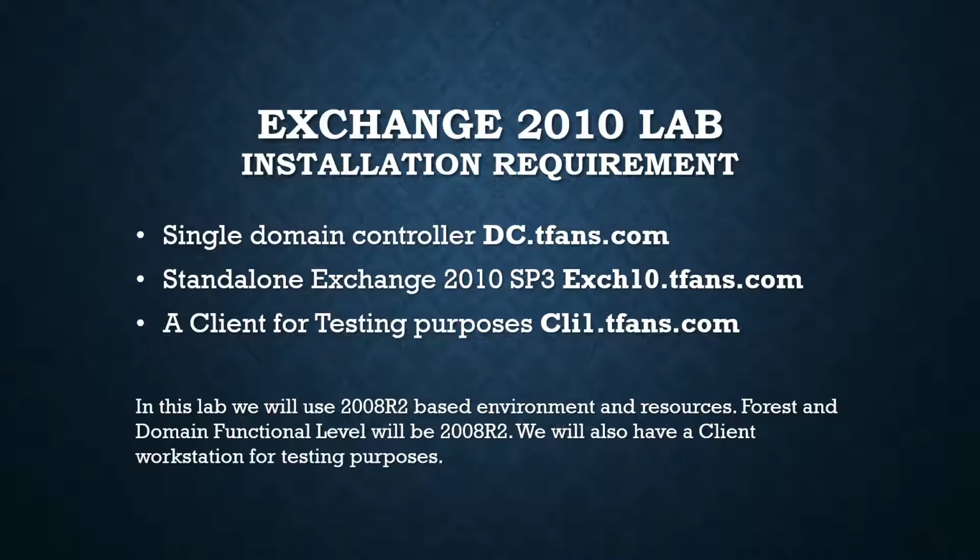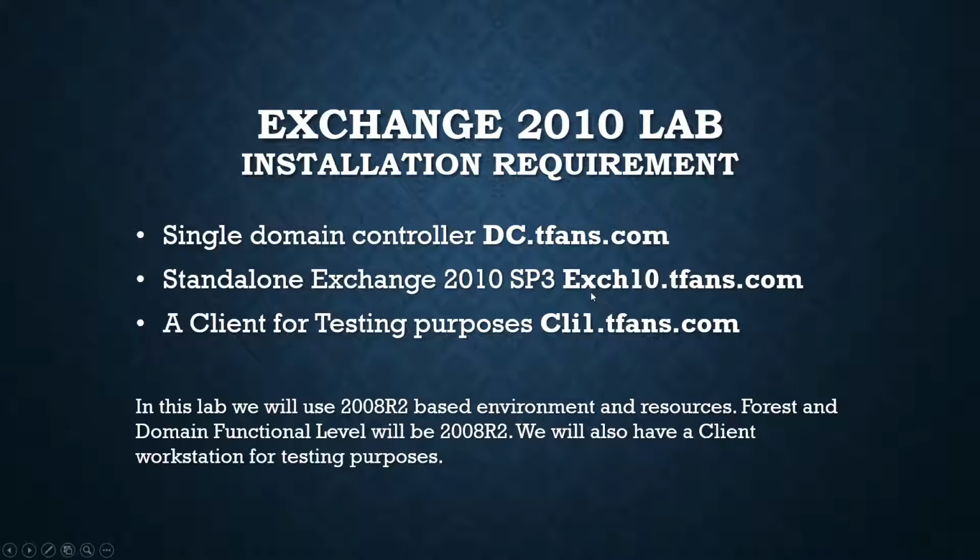We are back with another video of Exchange Server. In this video tutorial, we are going to install Exchange Server 2010 Service Pack 3, and the setup will be like this: there will be a single domain controller with the name DC. It will have an Exchange Server box, a member server joined to this domain.